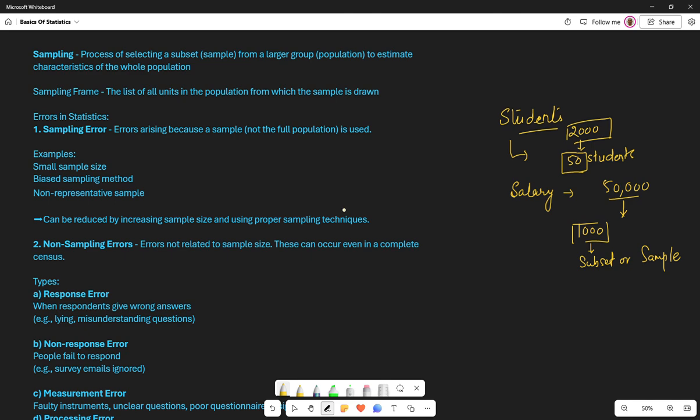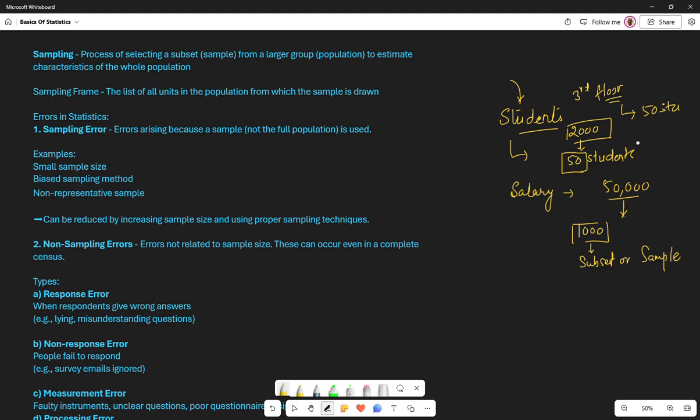Sampling frame: for this particular school, to select these 50 students, I can first select a subset from where I'll choose them. Suppose I go to only the third floor of the school, and from the third floor I select a set of 50 students.